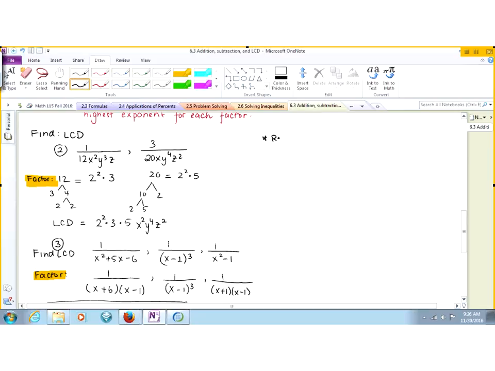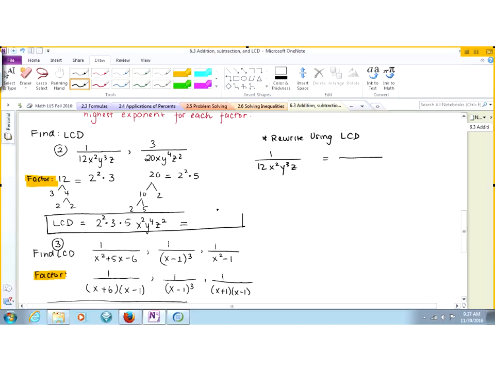Now, the second one, I also want to rewrite using LCD. Maybe I don't have to write this again, but you guys know what I want. Okay, so I have 1 over 12x squared y cubed z. And my LCD is, oh, I didn't write this down. What is this LCD?